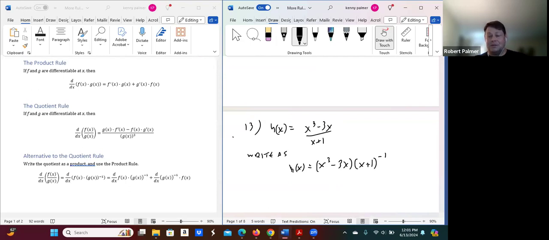So this is the same as this. I'm just writing x plus 1 with a negative exponent, and of course, these are equivalent, all right? So once again, I'm going to use the product rule.